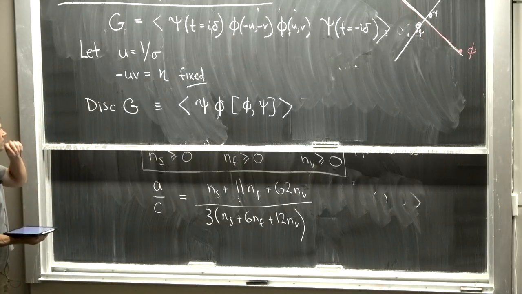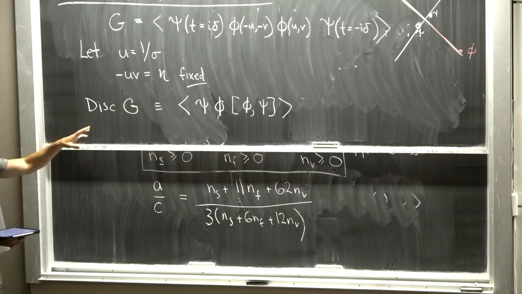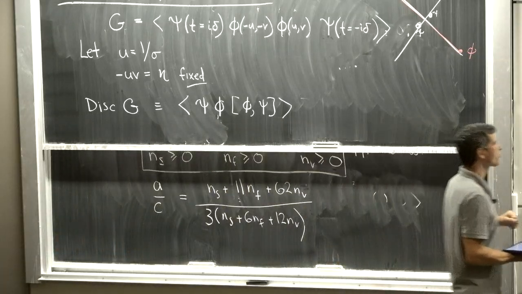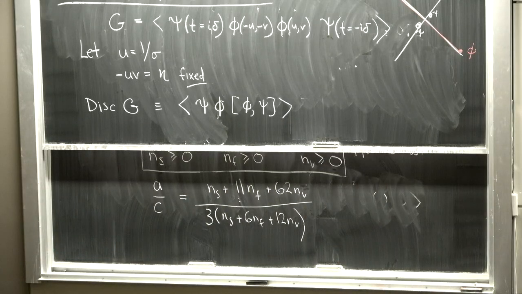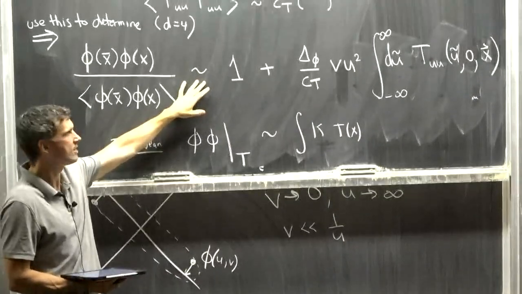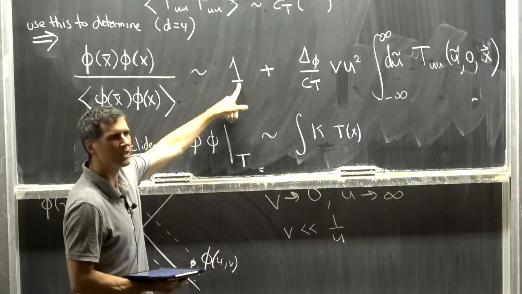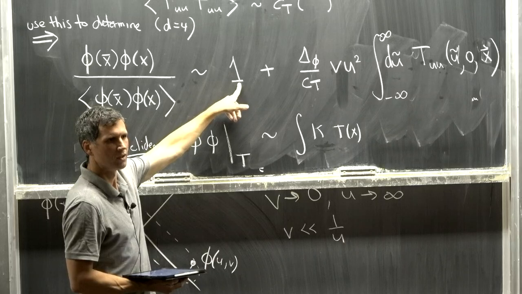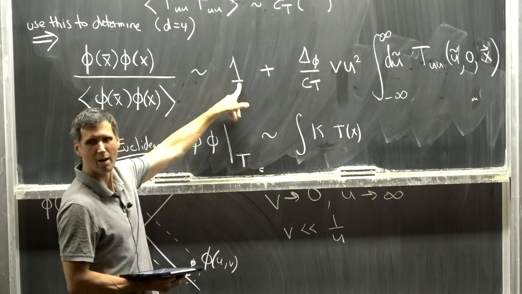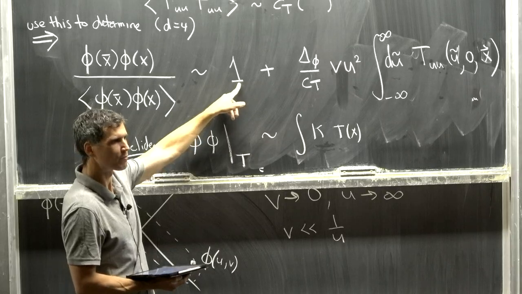The reason I want to take this discontinuity is that we're going to use this formula. Here, we're going to plug in this formula for the phi OPE, but take the discontinuity. If you're careful about all the operator orderings, then what you find is the following.